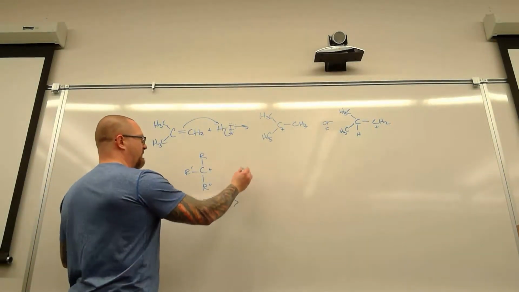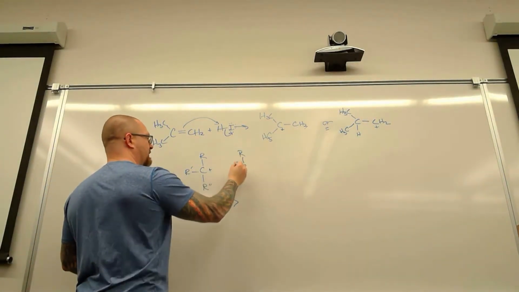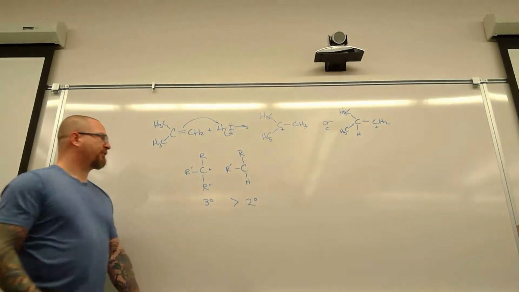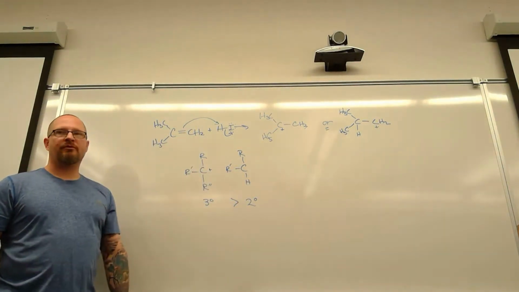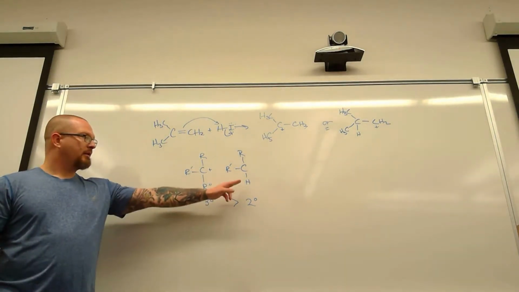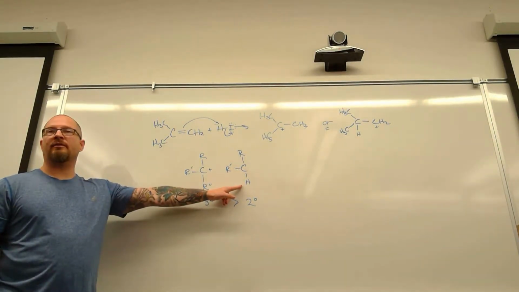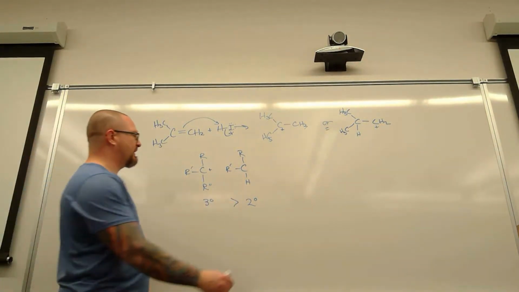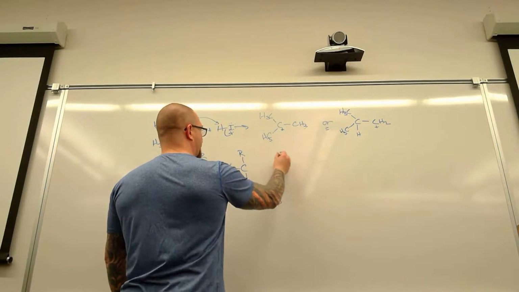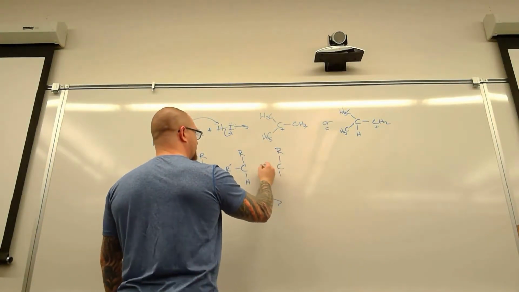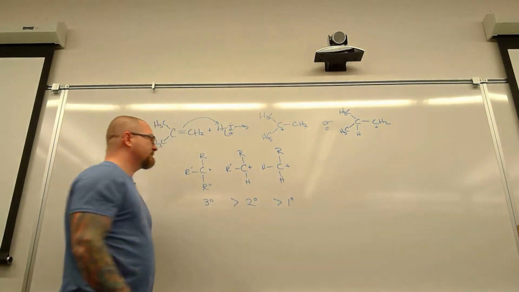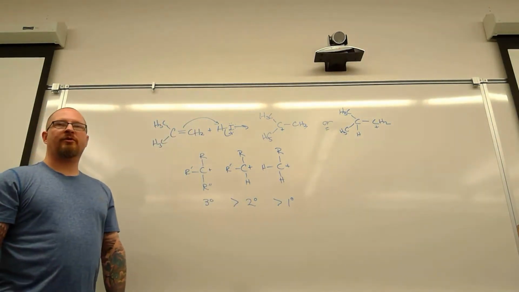This is going to be significantly more stable than a secondary carbocation, which has 2 R groups attached to the carbocation. It has just a proton here, which we'll talk about why protons are not as stabilizing in a second. Then we've got primaries. Oh, gotta get the charge on there, or it's not a carbocation. So if it only has 1 R group attached, it's primary.